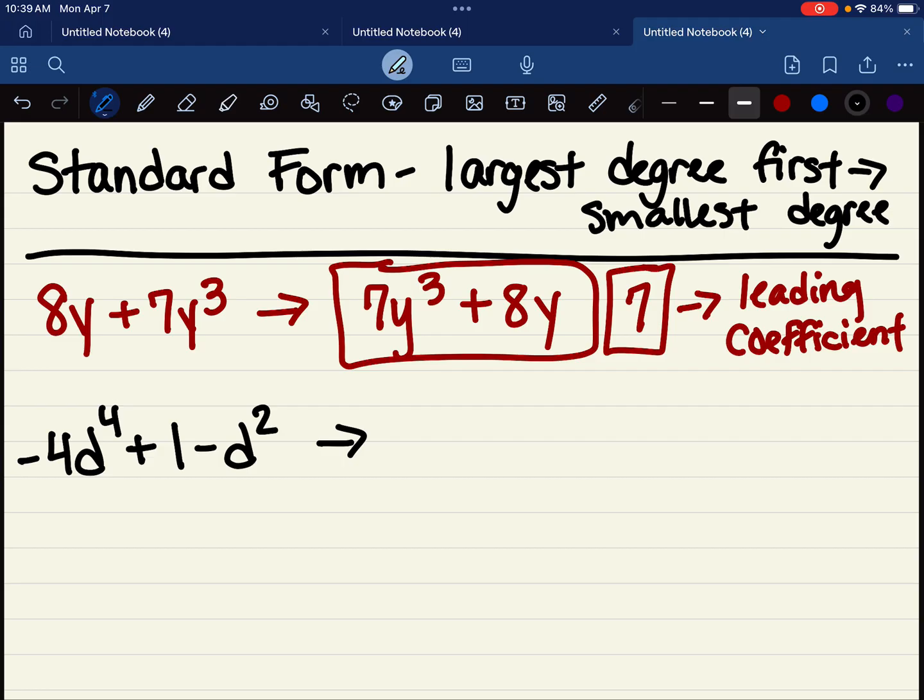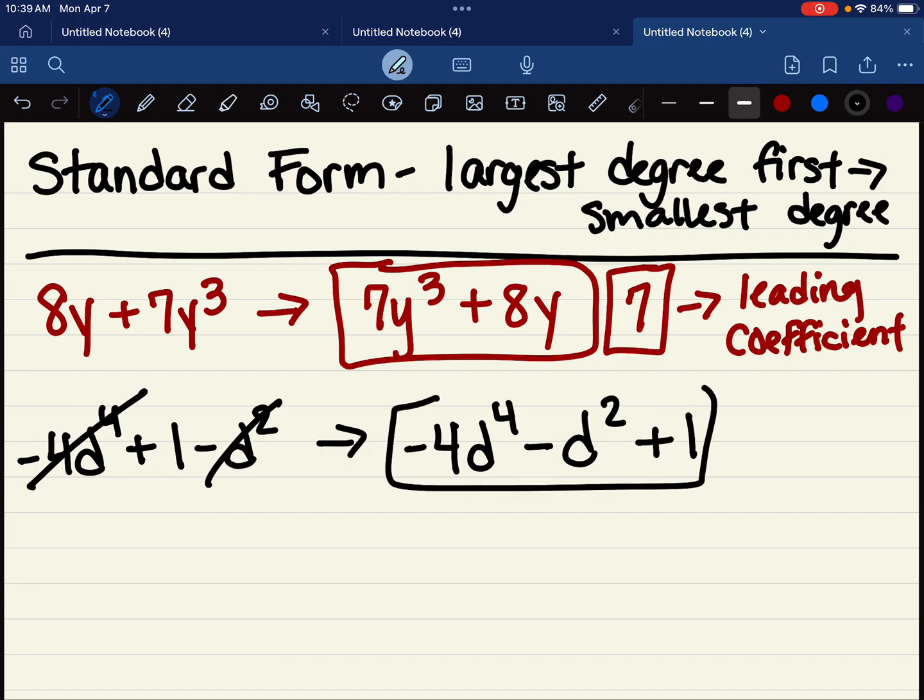Negative. Negative, right? We keep the negative. Whatever sign's in front, we keep. So negative 4d to the 4th, okay? Would I put 1 next or negative d squared? Negative d squared, because that has an exponent of 2 or a degree of 2. What degree does 1 have? 0, right? So that's why it goes last, plus 1. Okay? And then my leading coefficient here would be negative 4.